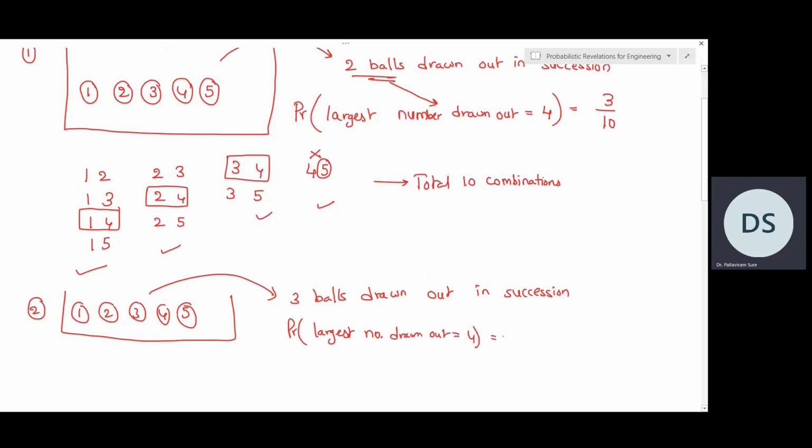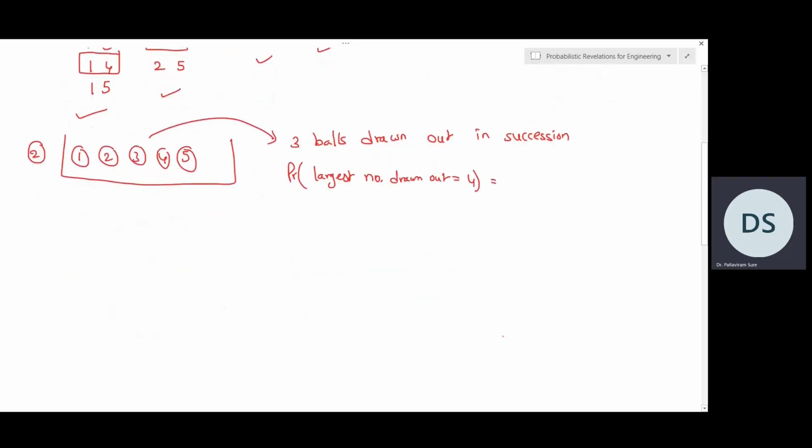So again, we will try to find out this probability. So now there are 3 balls drawn out. So let us say 1, 2, 3, 1, 2, 4, 1, 2, 5, then 1, 3, 4, 1, 3, 5 and 1, 4, 5.